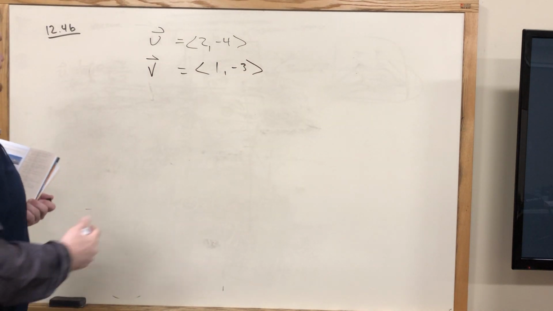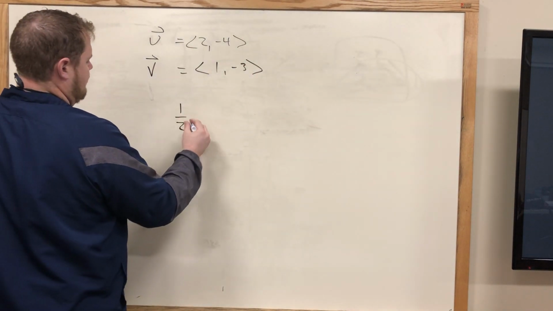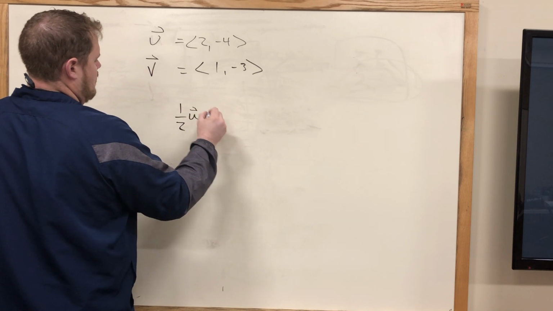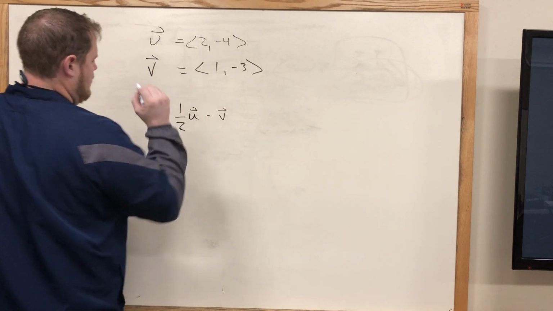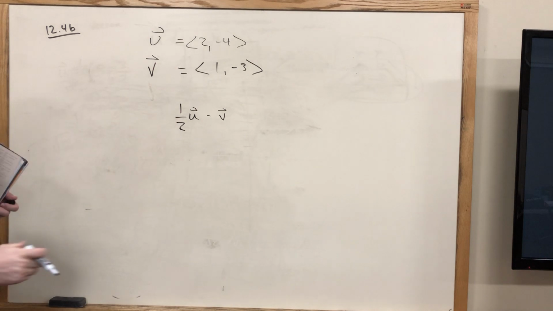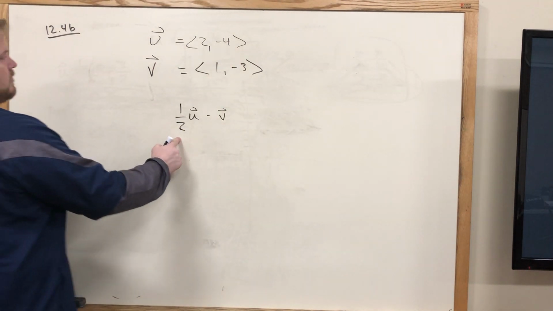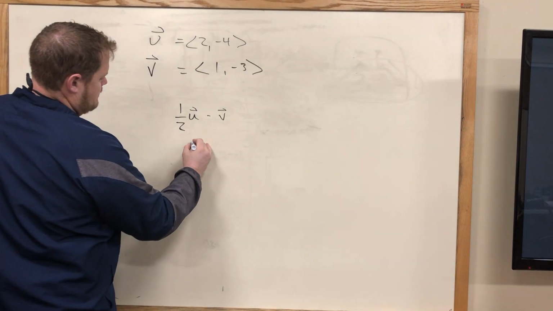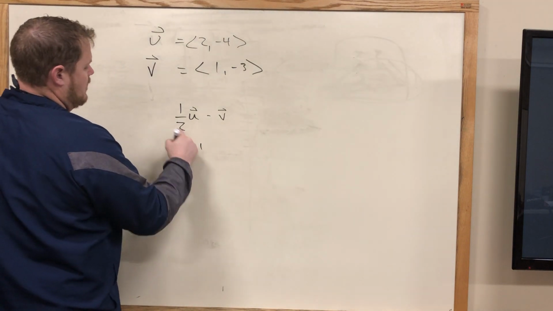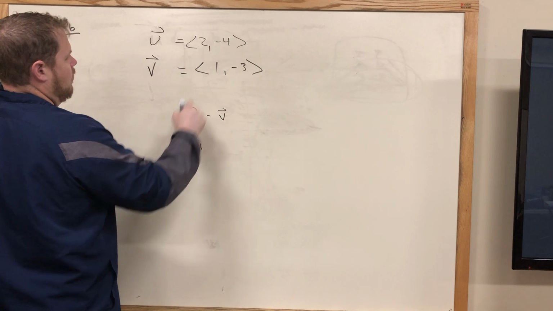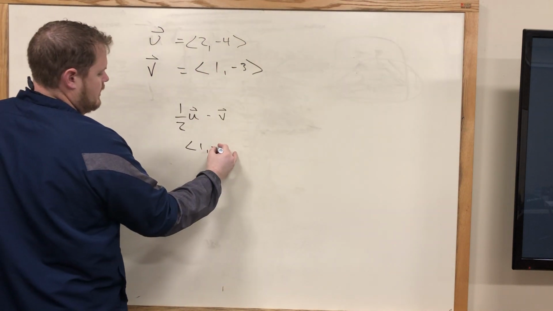They say find 1/2 u minus v. So first off, if I do 1/2 of u, it's going to be 1, because 1/2 of 2 is 1, and 1/2 of -4 is -2.